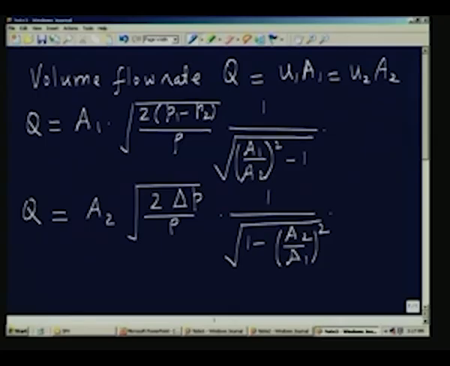So, Q equals A2 square root of 2 delta P by rho, times 1 over square root of 1 minus (A2 by A1) whole squared. This is the formula I am going to get.